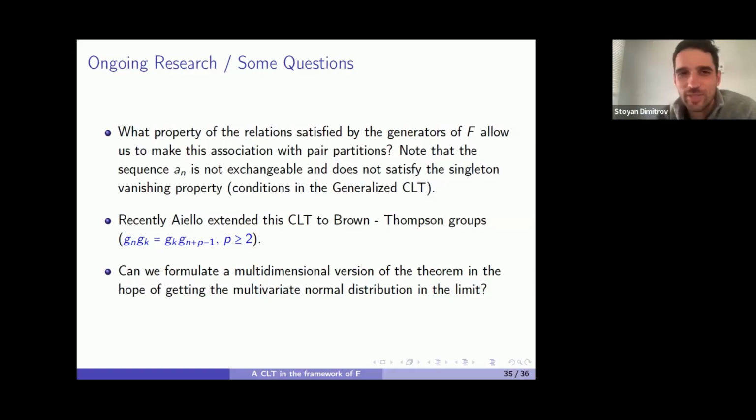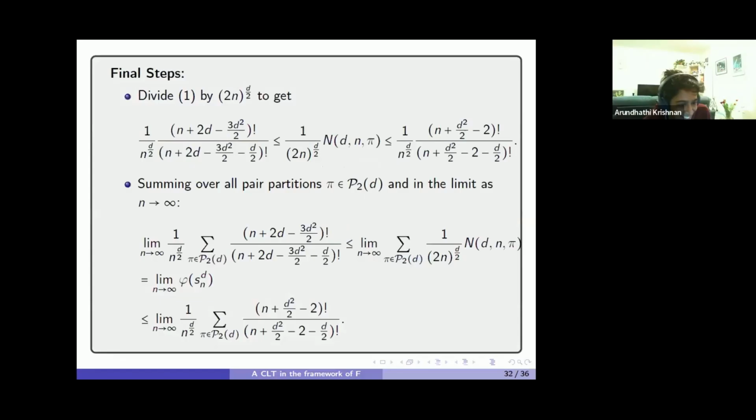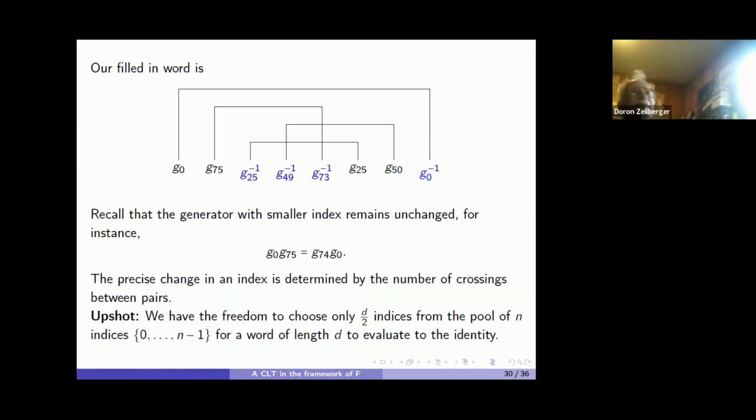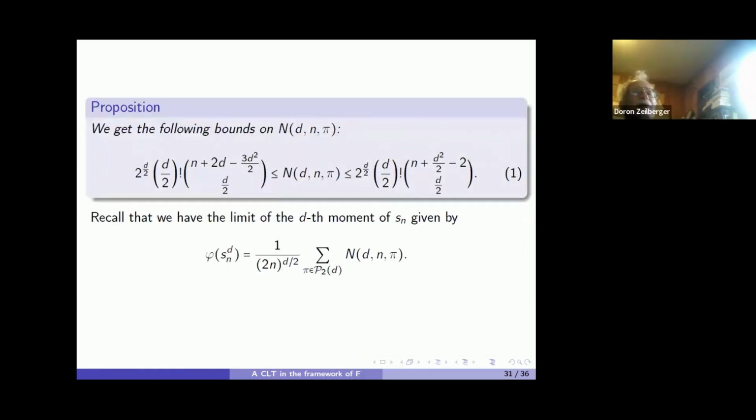I'm just puzzled by this summation over permutations. Doron, do you know how to handle those sums? You ask the question, what is the sum? It would be interesting to find an explicit expression here, not just the limit.